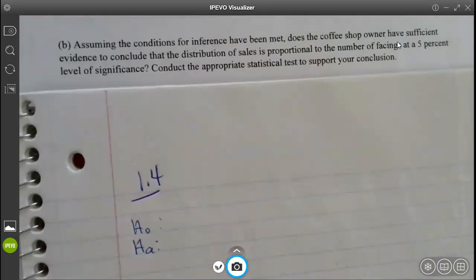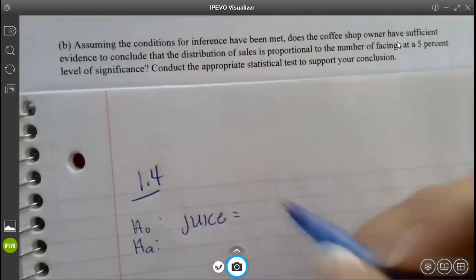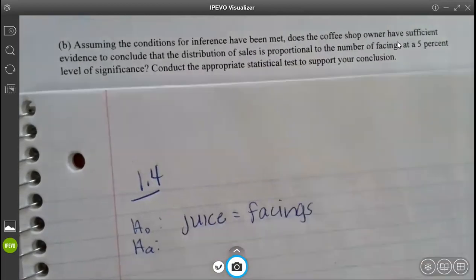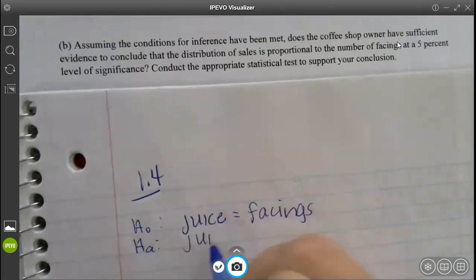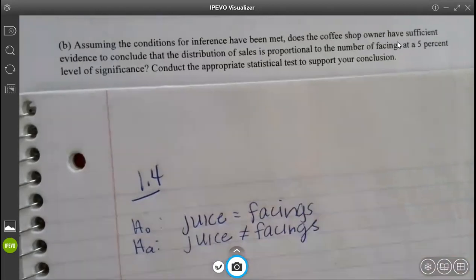What do you mean? That they're equal. Or that they're not for the alternate.